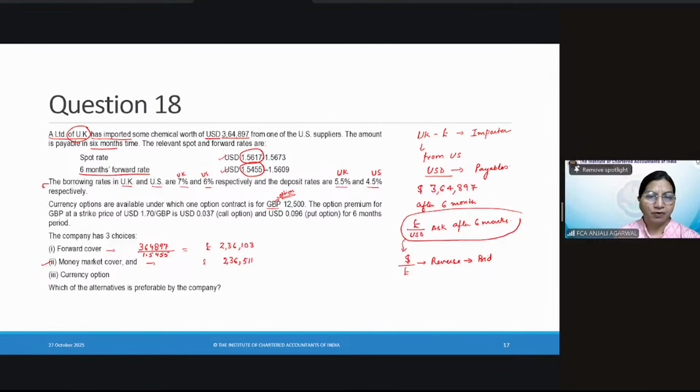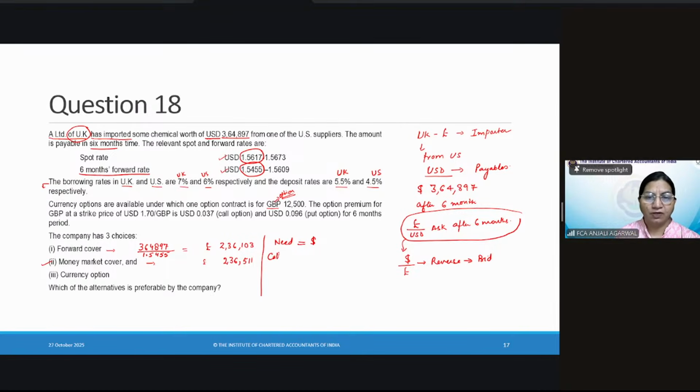So if we wanted to buy pounds, we would have gone for buying a call option of pounds, right? But we want to buy dollars. So we would go buy put option, right? I remember I just spoke about this. We need dollars.